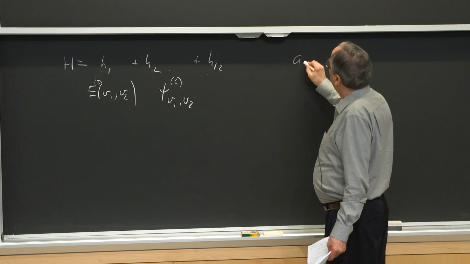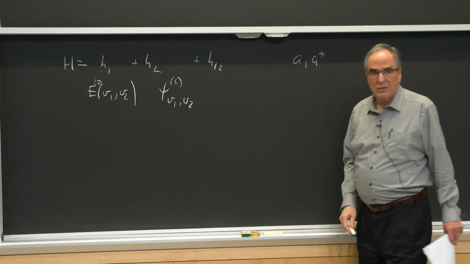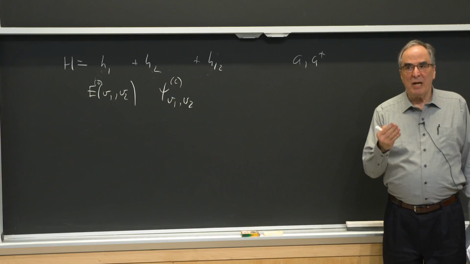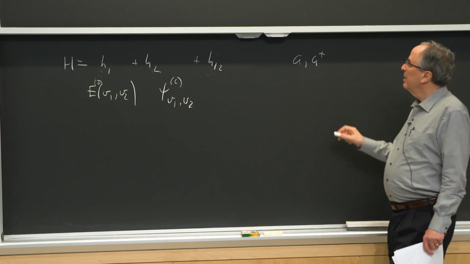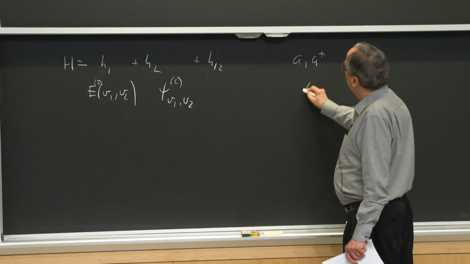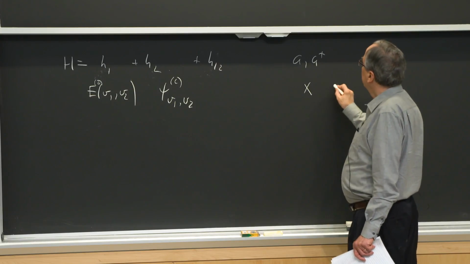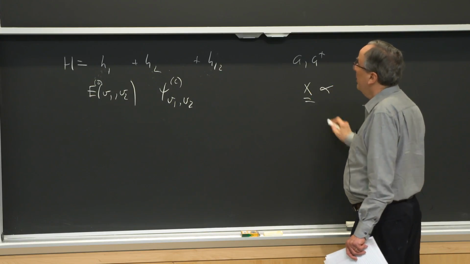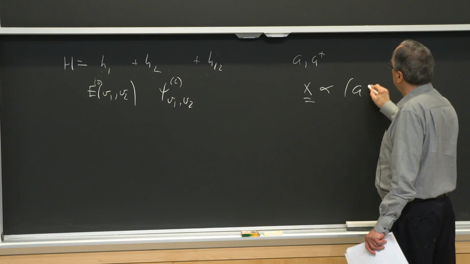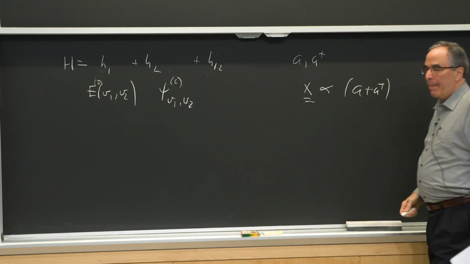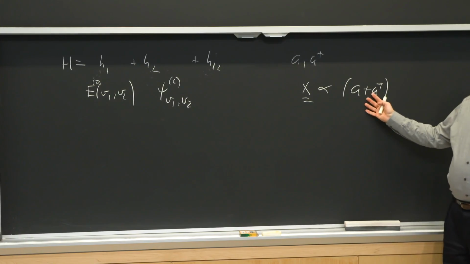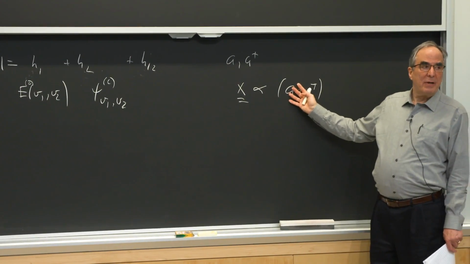And we have these a and a dagger operators, which are enabling us to, we have that the operator for coordinate x is proportional to a plus a dagger. And this has a selection rule, delta v of plus and minus 1.